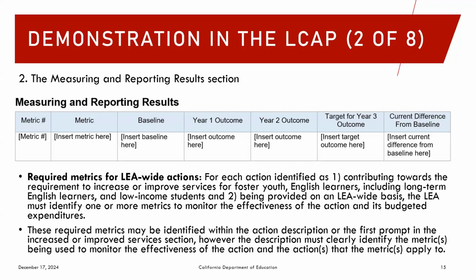At a minimum, of the metrics that are called out within the increased or improved services section, there has to be at least one per action showing up within the measuring and reporting results section, so that when we're doing the goal analysis piece, it can be used to demonstrate whether or not the actions are being effective.